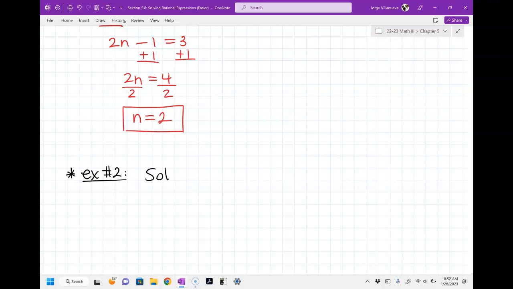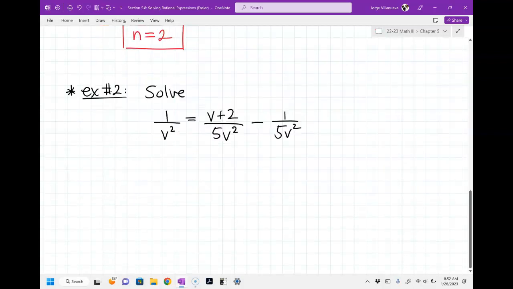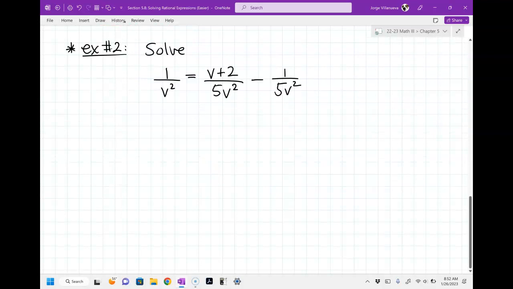So we're going to solve 1 over v squared is equal to v plus 2 over 5v squared minus 1 over 5v squared. Remember, I want to get rid of the fractions, okay?